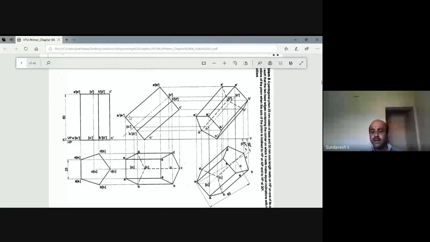Since it has been inclined in the second position with respect to HP at 40 degrees and you are observing that axis in the top view, the length of the axis in the second position top view, O1, will always be smaller than the original length of the axis, which is O dash and O1 dash.